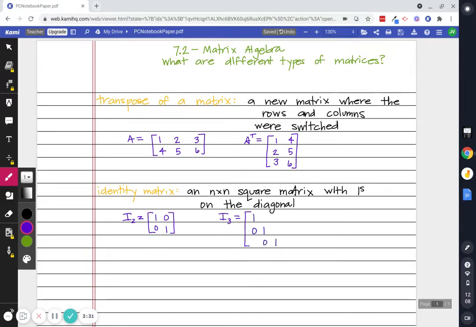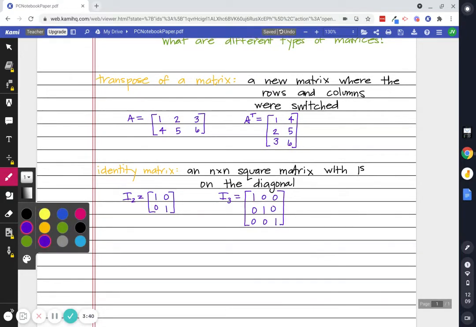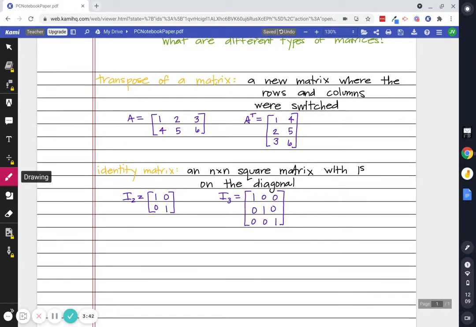Everywhere else is 0. Okay? Now, we have identities in math all the time. 1 is the multiplicative identity because anything times 1 is itself. 0 is the additive identity because anything plus 0 is itself, right? So that's just where some of that's coming from.